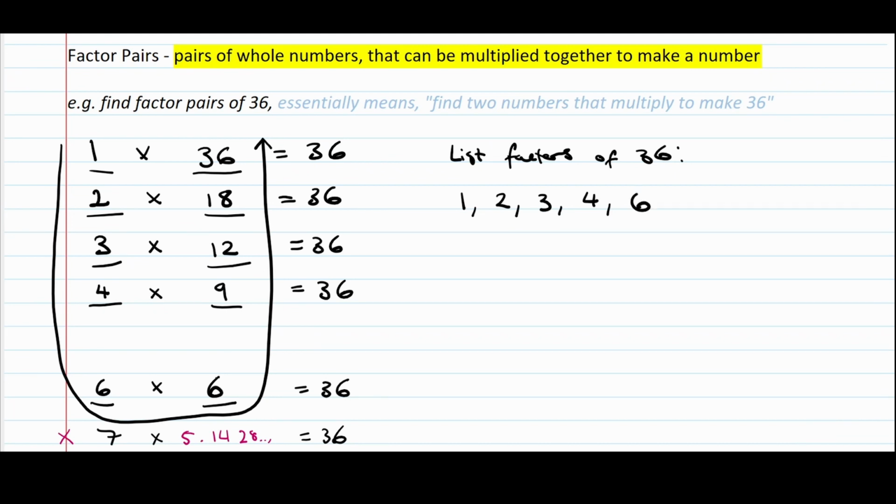We have 6, and we have 6 again, but we do not write 6 again, because we've already identified 6 being a factor of 36. Although yes, it does repeat, it is not a factor that you need to repeat writing in a list. So when it says list the factors of 36, you just want to write that number once. So we have 1, 2, 3, 4, 6, 9, 12, 18, and 36 itself. So those are the list of factors.